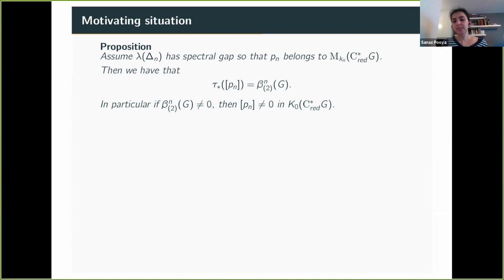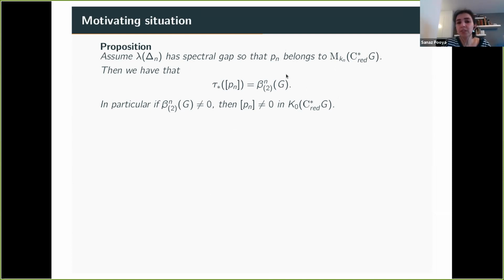Now, a situation where this setting fits quite naturally is when we assume that we have spectral gap such that this Pn belongs to matrices over the reduced group C-star algebra.